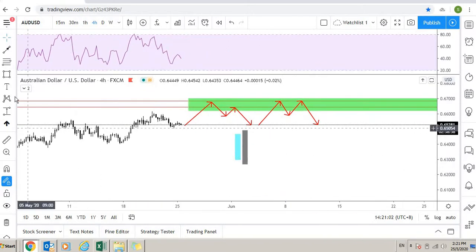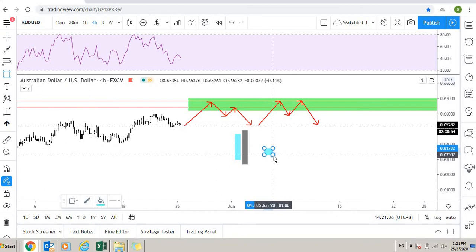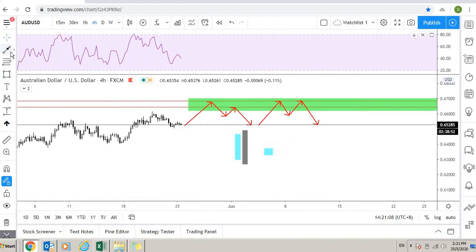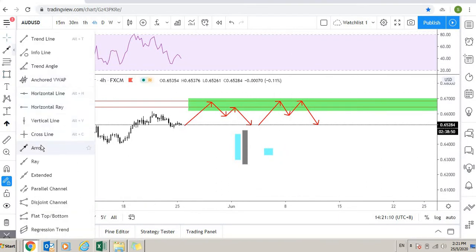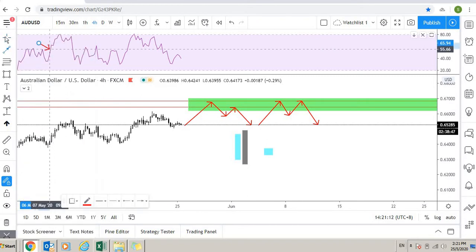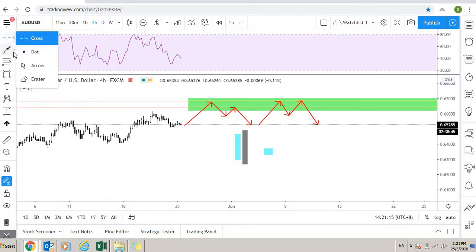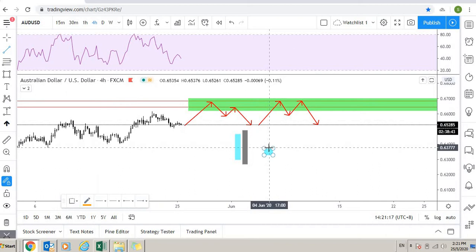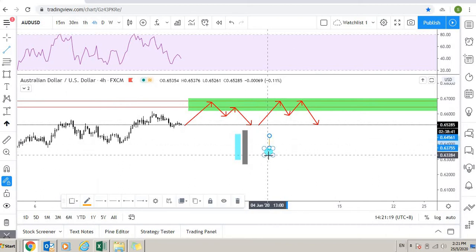Or you can look for a bearish pin bar. So the bearish pin bar will be like this. So you might have this kind of bar.